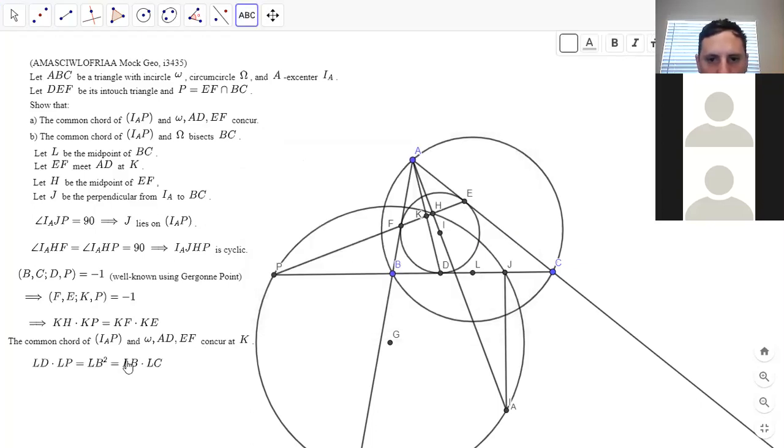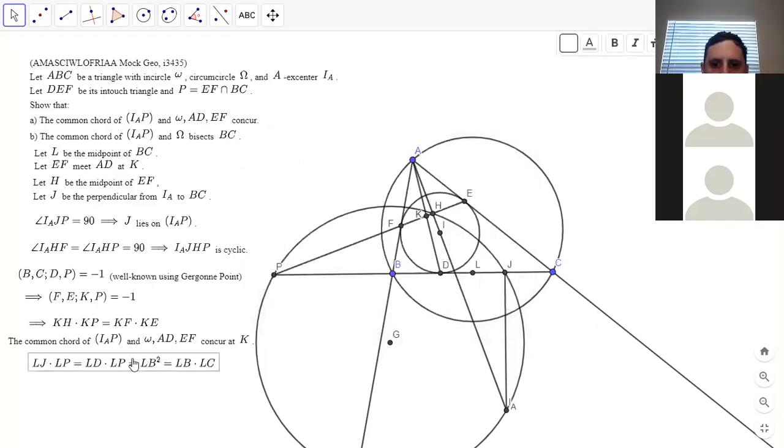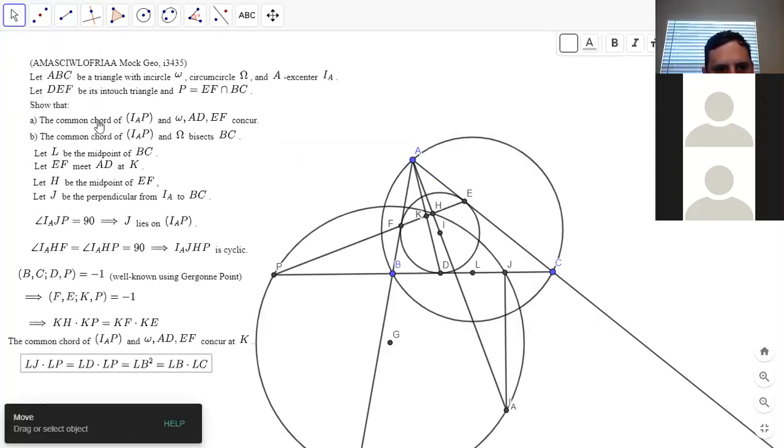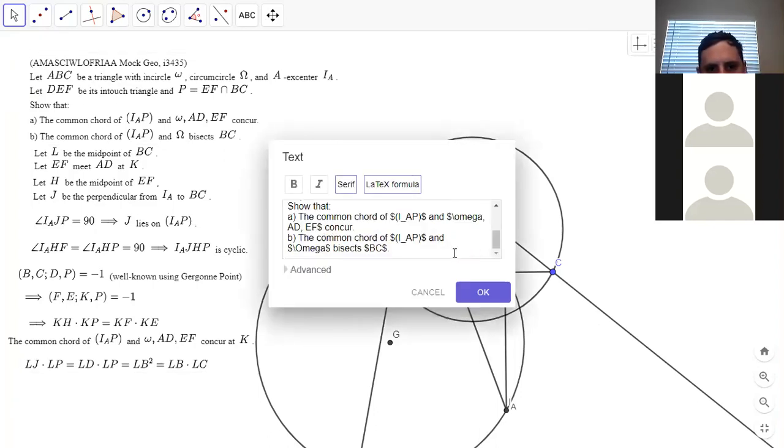Then, so this is LJ times LP. So then that shows that these, yeah, I'll just write out the conclusion.